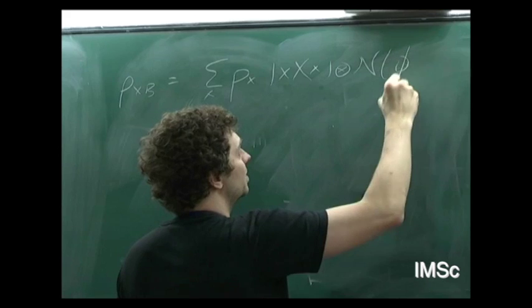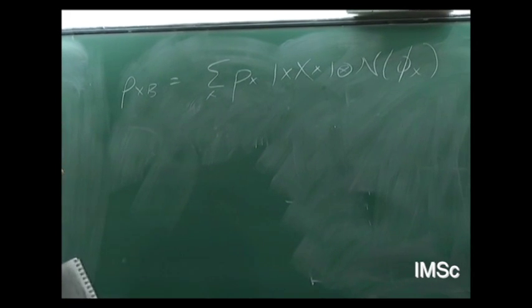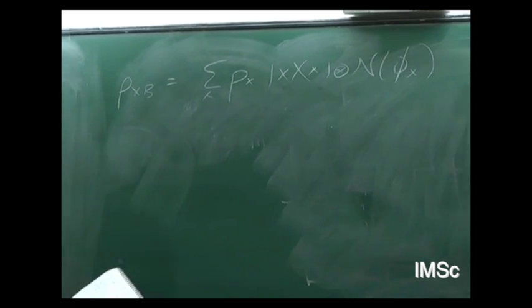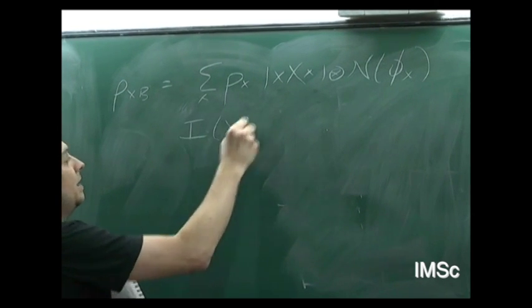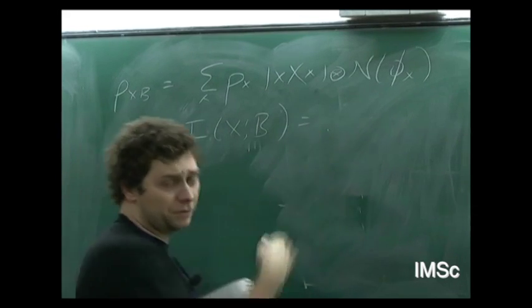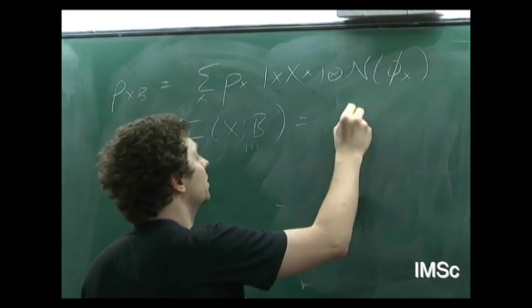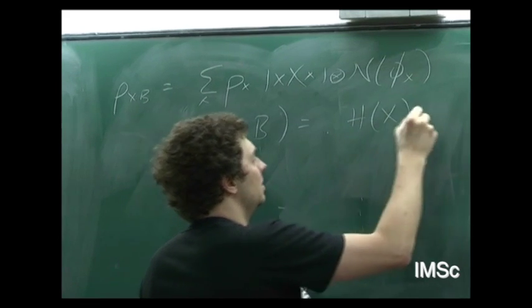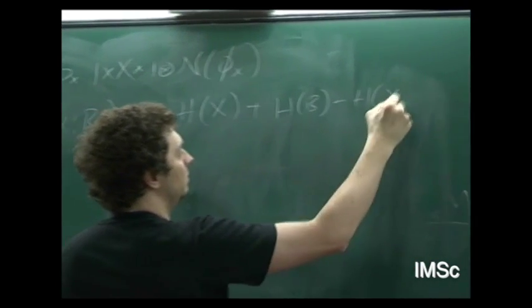According to x, you prepare some phi sub x, and then you apply the channel to that phi sub x. And this mutual information, I should explicitly write again. It's the same formula for mutual information in terms of entropies, but now these are von Neumann entropies: H(X) plus H(B) minus H(XB).